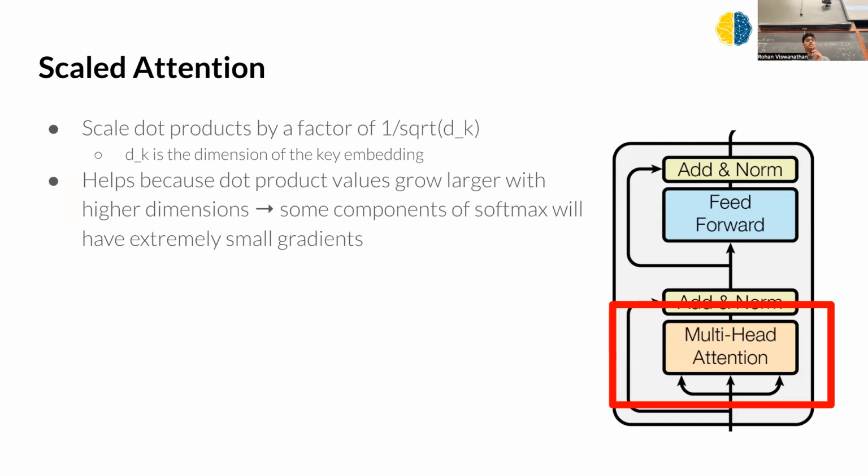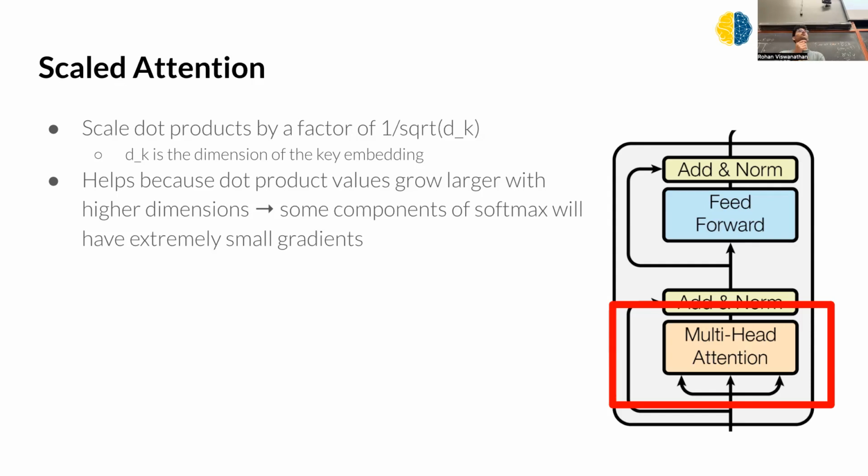Scaled attention is the concept of scaling dot products by a factor of 1 over the square root of dk, where dk is the dimension of the key embedding. The only reason we're doing this is we know that dot product values can grow large as our dimensions grow higher, right? Implicitly, the size of these matrices is getting bigger. Higher dimensions mean more data, more information. And so some components of softmax can have extremely small gradients.